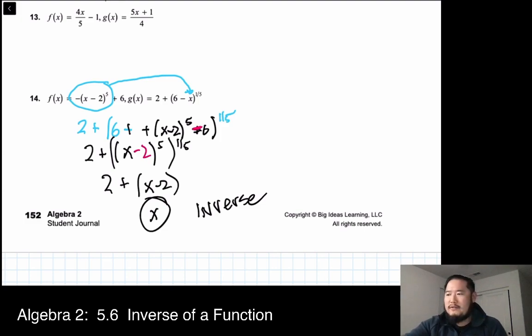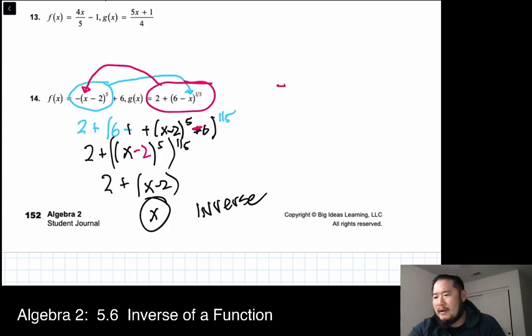If I take g of x and input this into f of x, you also have to check that and make sure that you get x as well, which you do. So right here, I've got negative, and then I'll just start the problem and set things up. Over to the 1/5 power right there.